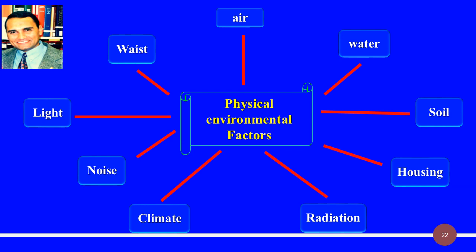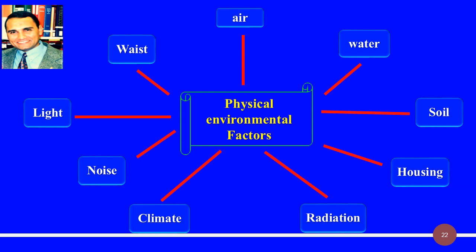Contaminated water leads to diarrhea, dysentery, hepatitis, or amoebiasis. Soil contamination may lead to lead poisoning, mercury poisoning, leukemia, and skin problems such as ringworm.